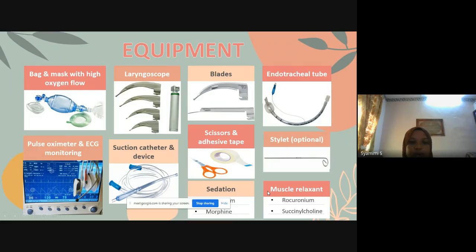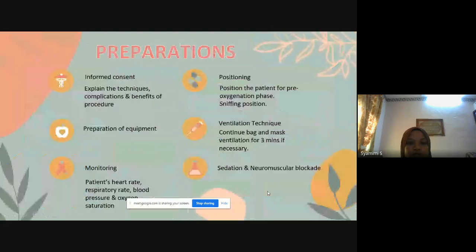Okay, the next one is the preparation before we do the procedure of intubation. We need to inform and get consent immediately from the patient's family. One of the other doctors can explain the technique, complications, and benefits of the procedure, and then prepare the equipment and monitor the patient's heart rate, respiratory rate, blood pressure, and oxygen saturation throughout the procedure. Positioning the patient, where we use a sniffing position, I will show later.